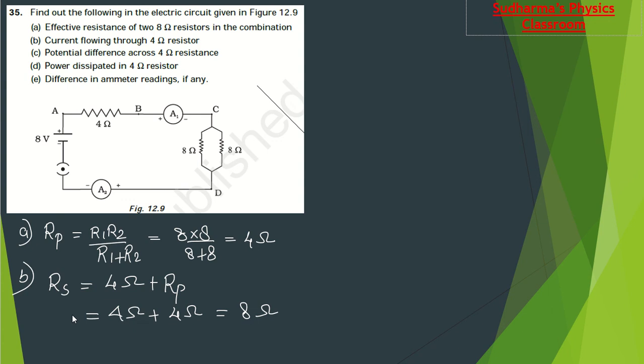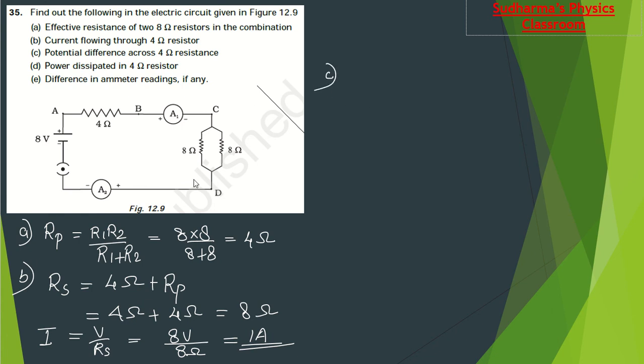So what is asked here? The current through the 4 ohm resistor. So I is equal to V by Rs. V is 8 volt and R series is 8 ohm. So we will be getting 1 ampere. Always remember to write the unit, okay, because the final answer with proper units only will give you the full mark.